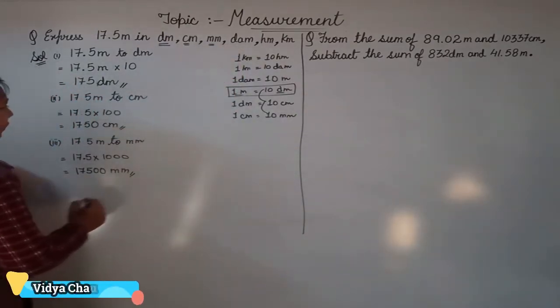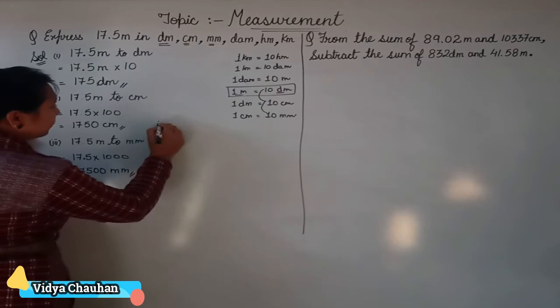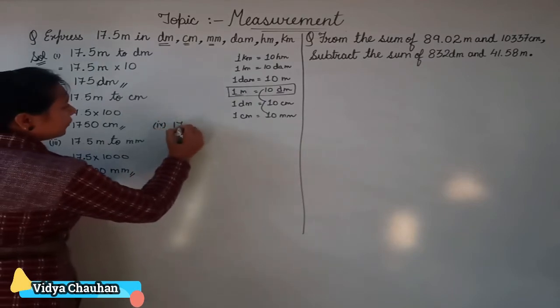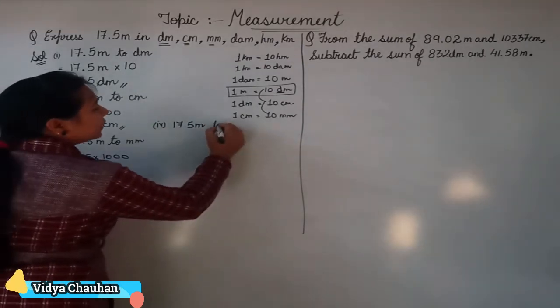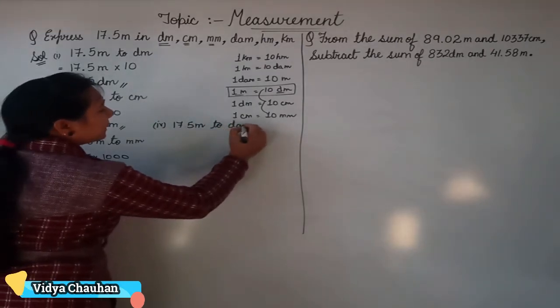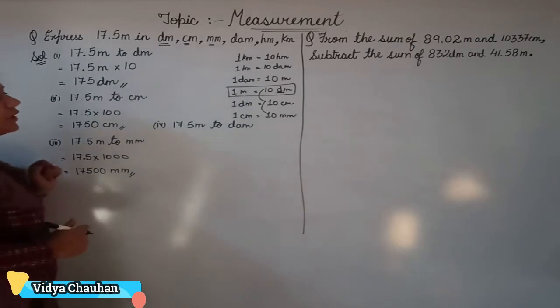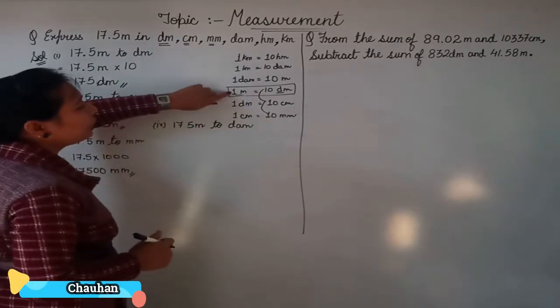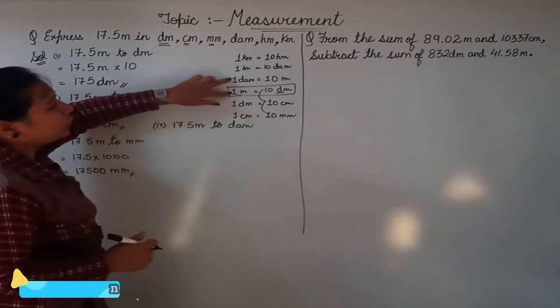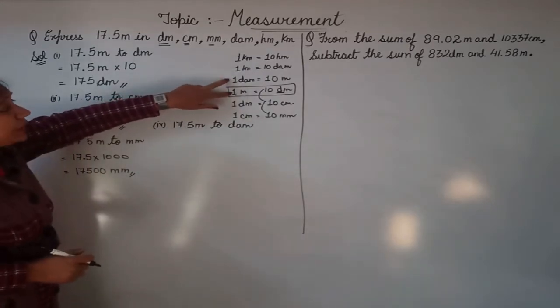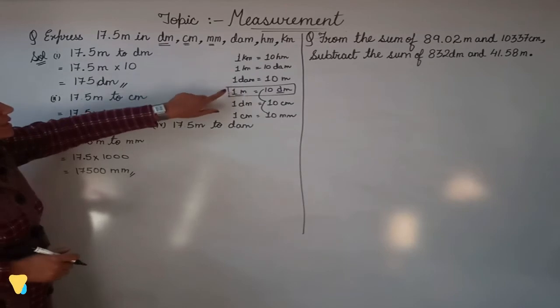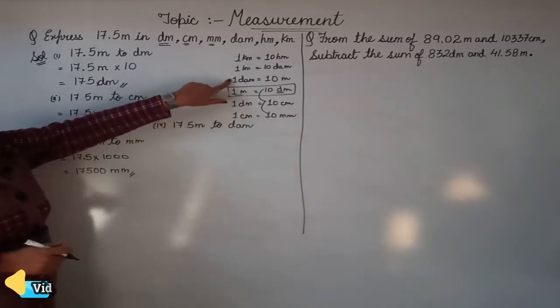Let's move to the fourth part. Now we have to convert 17.5 meter to decameter. So we have to reach from meter to decameter. Since we have to convert meter to decameter, that means it is a smaller unit to a bigger unit.